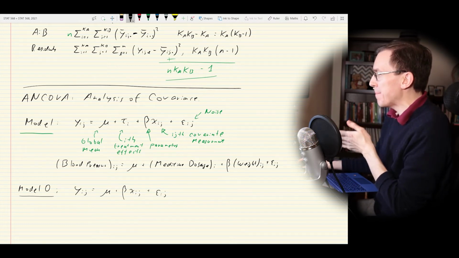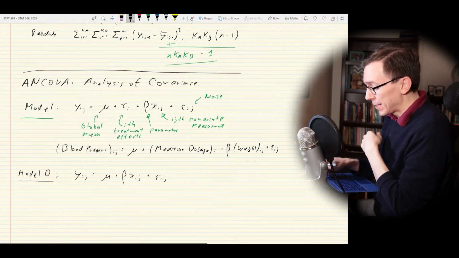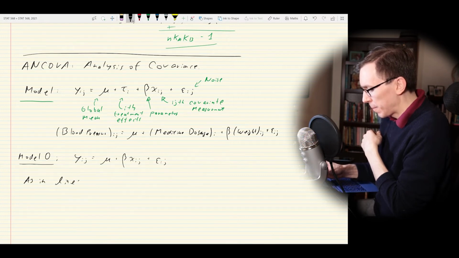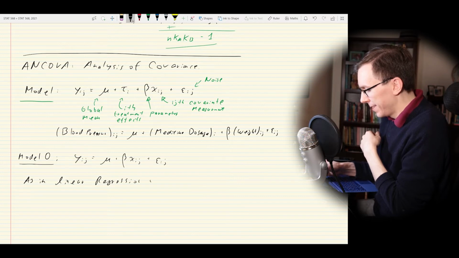But what ends up happening is you end up doing an f-test, as in linear regression, with nested models. Now this is a different nesting, right?